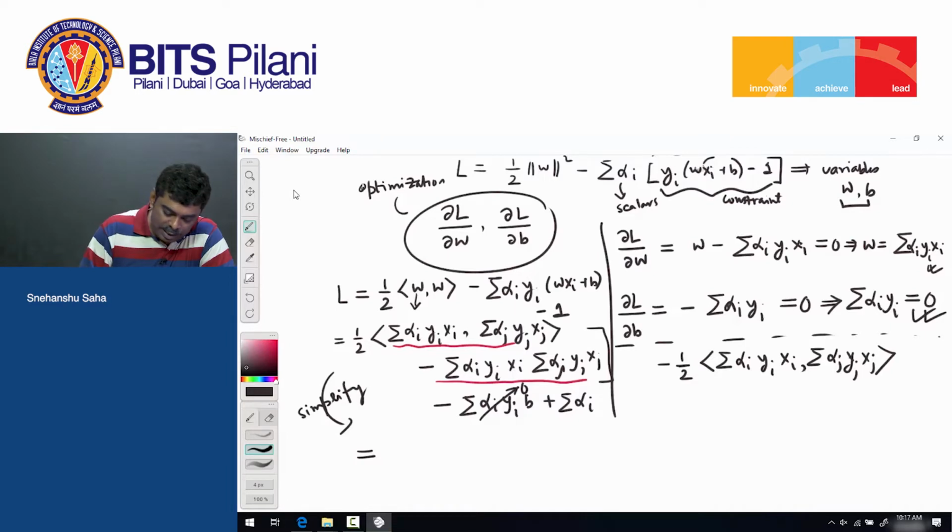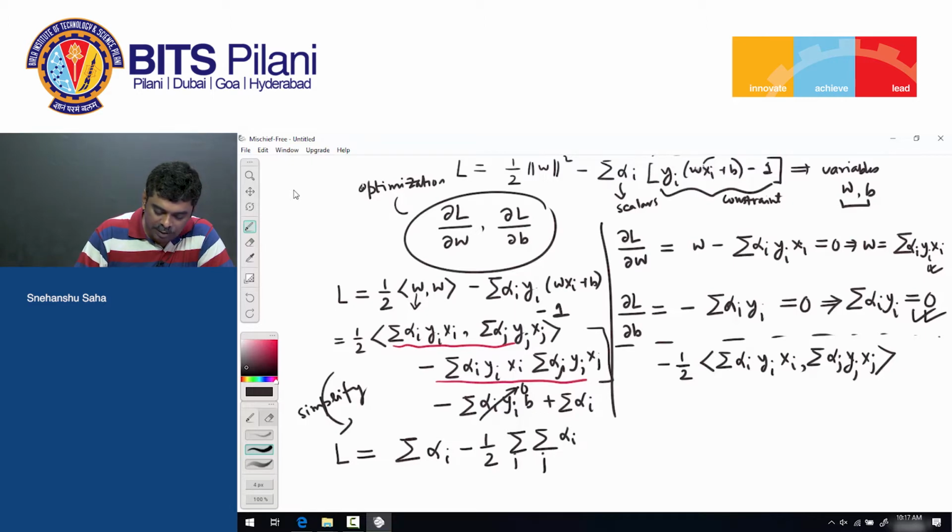I simplify all this, and what I obtain is the Lagrangian equal to the sum of all the scalars alpha i, minus 1/2, and I just take these summations out, one sum on i, one sum on j: alpha i, alpha j, yi, yj, and just the inner product of xi, xj.